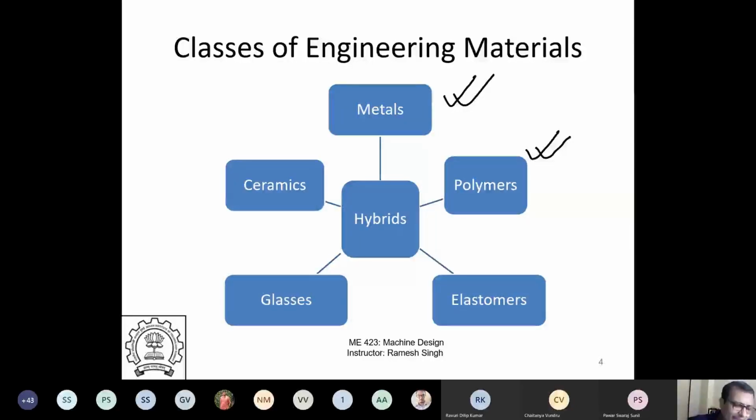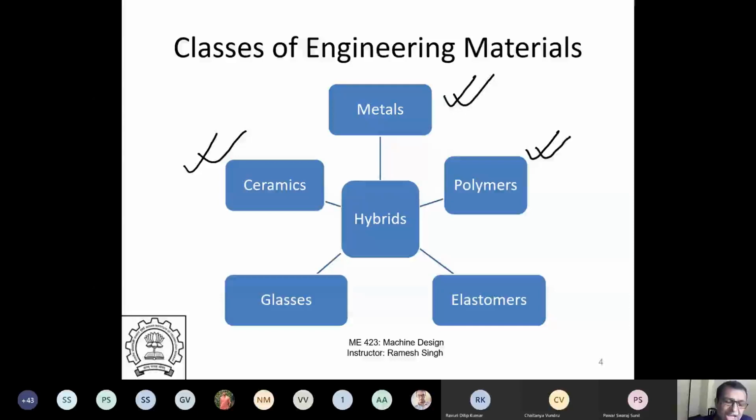And then we have ceramics. Metals are the most sought after material. Metals are very ductile, and they are strong. So you can use them for weapons, you can use them for structural materials. So metals have lots and lots of advantages.